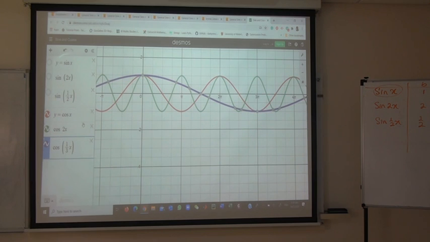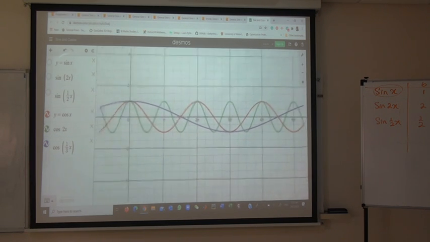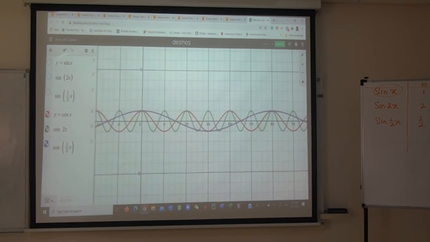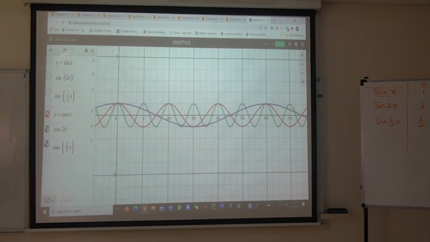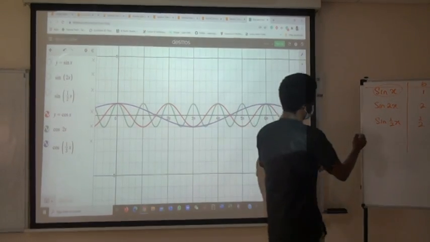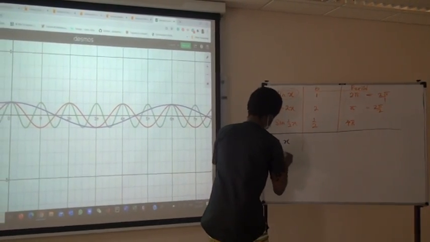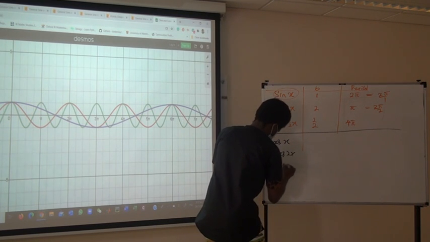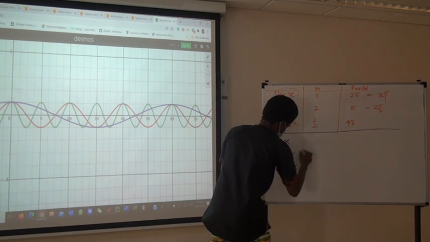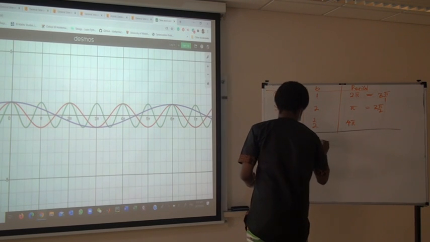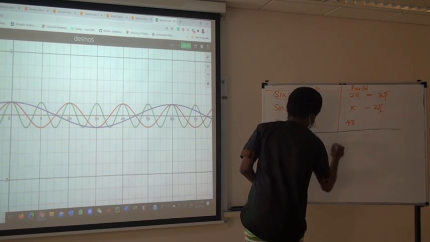Okay, they're in different colors. So let's look at the first one. Cos x, cos 2x, cos 1/3 x. b here is 1, 2, and 1 over 3.